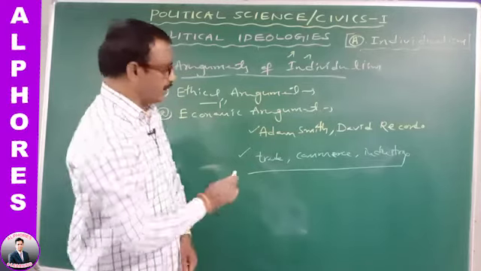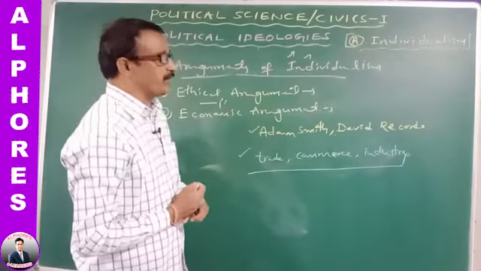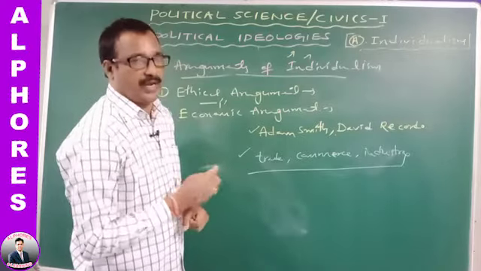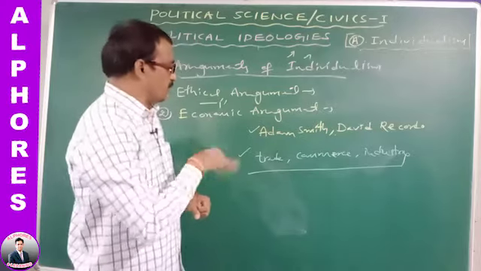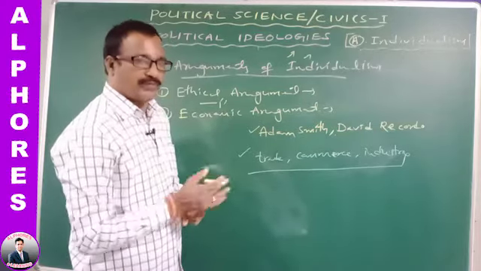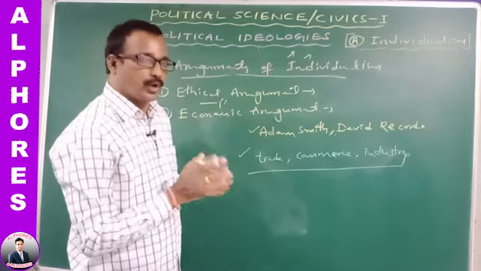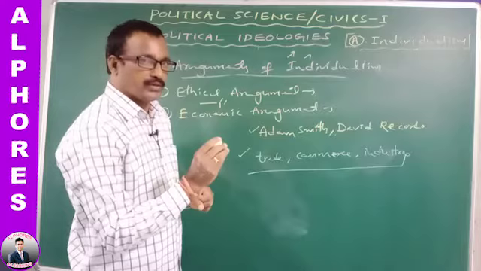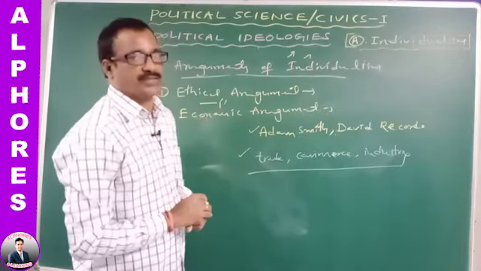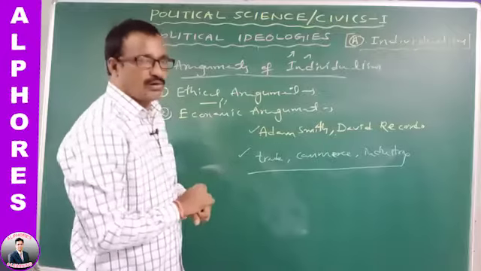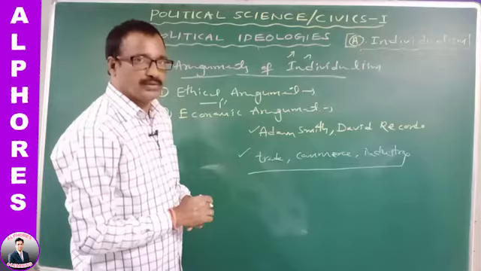Here, if the state gives maximum freedom to the individuals, then what will happen? With the freedom of the people, the individual can know where the capital will be invested, which business is the best. The individual knows all these things.